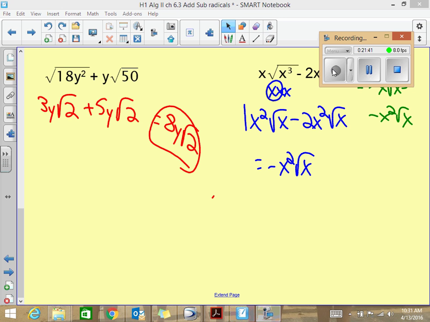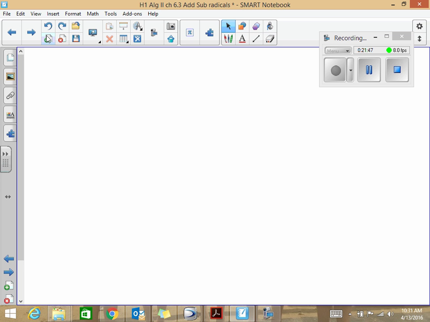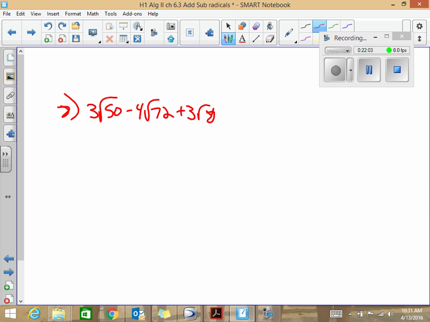Okay, all right, so let's go over a couple of these. I know some of you are still working, but let's look at number 8. So 3 radical 50 minus 4 radical 72 plus 3 radical 8, right?